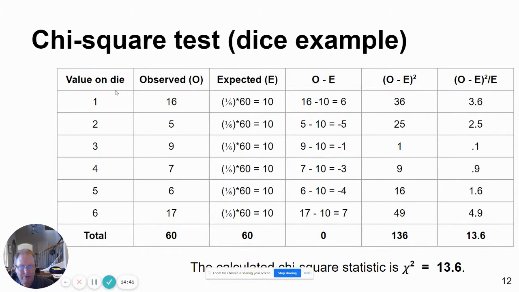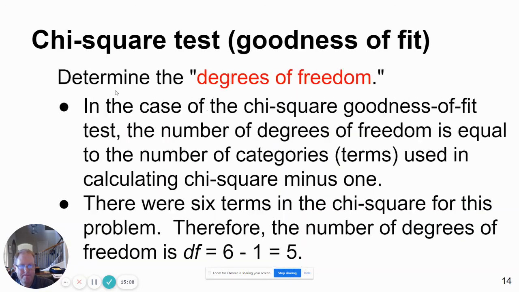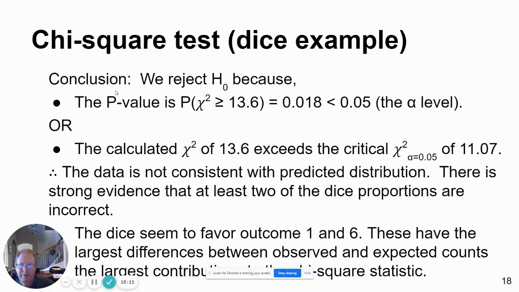So remember, our chi-squared statistic was 13.6, and I'm going to look at the last column and I can see that when the value of the die was 6, I got my largest contribution, and that was 4.9. And my next largest contribution was 3.6. So my contribution analysis would be to say that the outcomes for 1 and 6 gave me my greatest contribution to the chi-squared statistic.